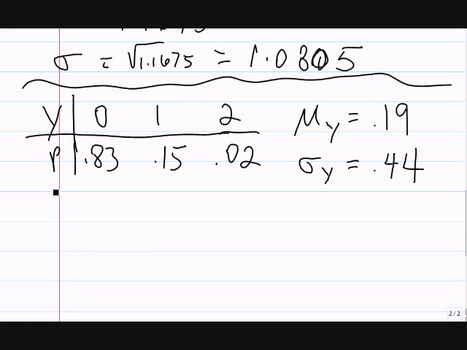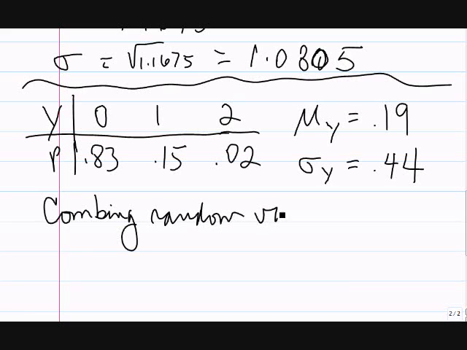And we call this combining random variables. So we want to combine motorcycles and cars. So that's my X and my Y. All right. So you got a little work to do today.